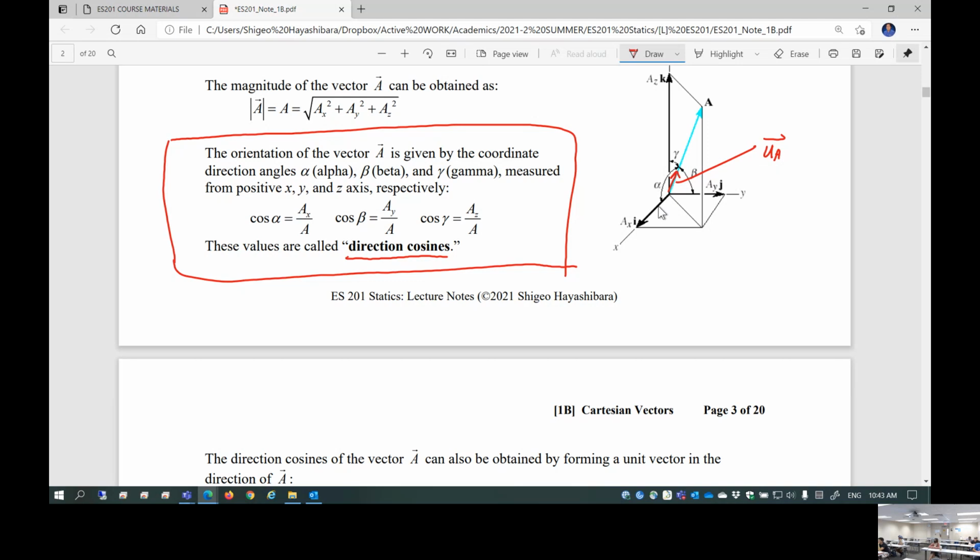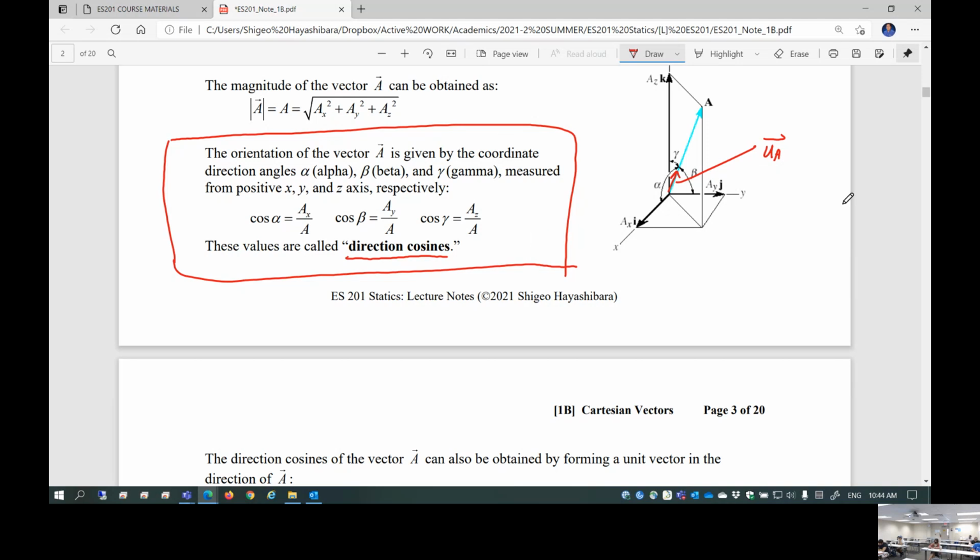This angle is called alpha. Cosine of alpha is equal to ax over A, the magnitude of ax divided by the magnitude of A itself. So alpha is the inverse cosine of the ratio ax over A. This is called the direction cosine angle. You need this concept to solve some of the homework assignments.